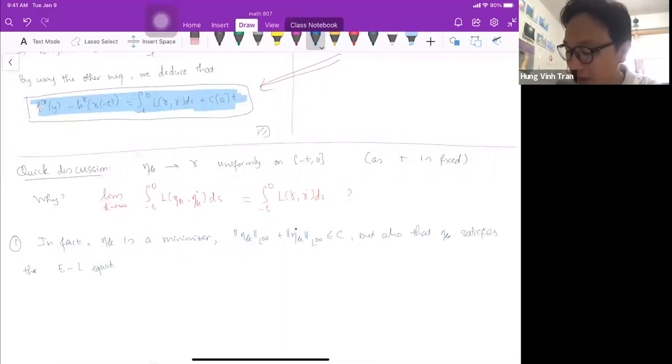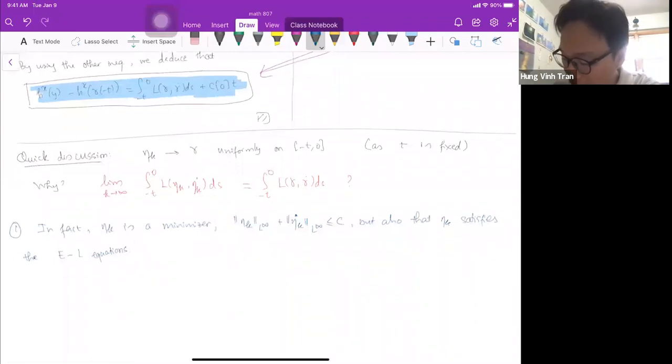We haven't used it actually. Let's write out the Euler-Lagrange equation, and you can see what's the advantage of that. If you write out the Euler-Lagrange equation, what's that?